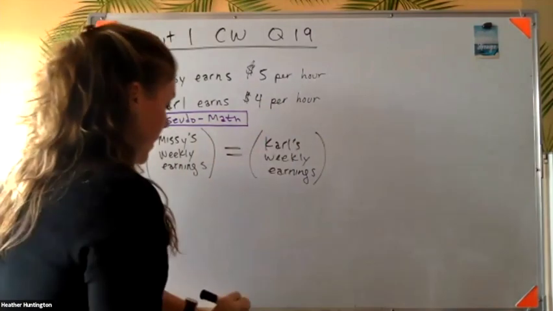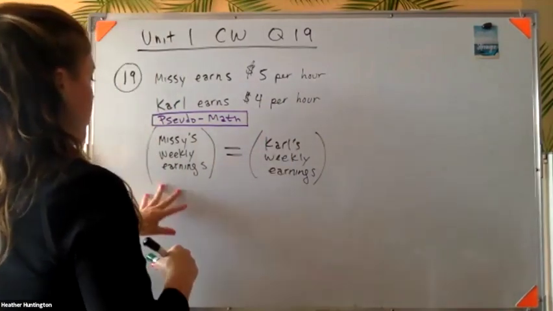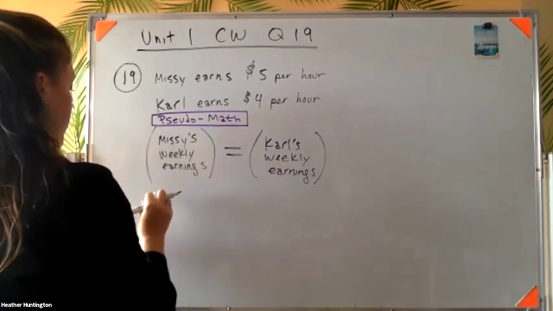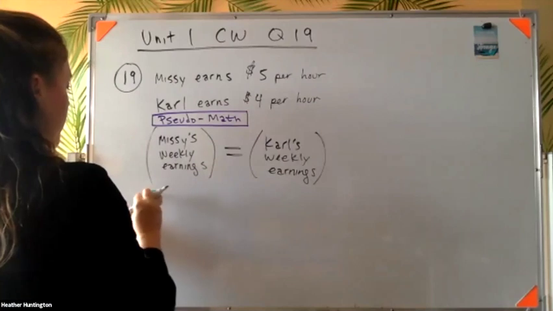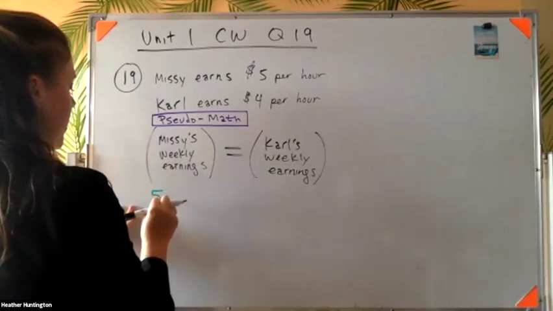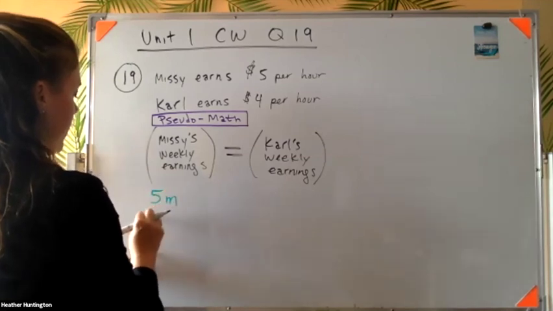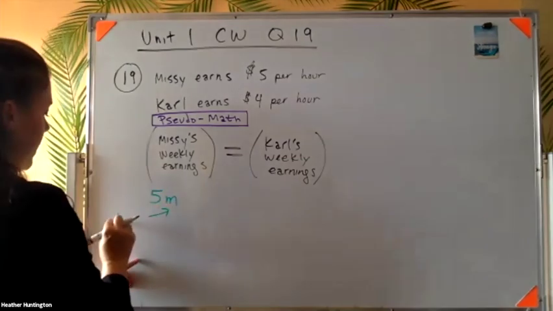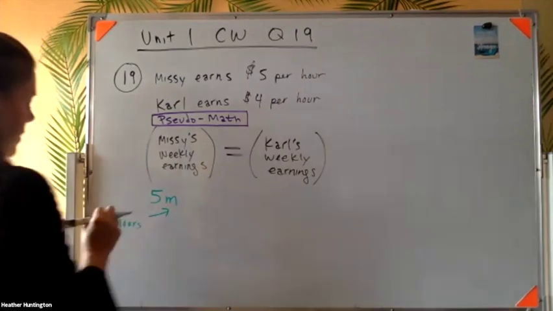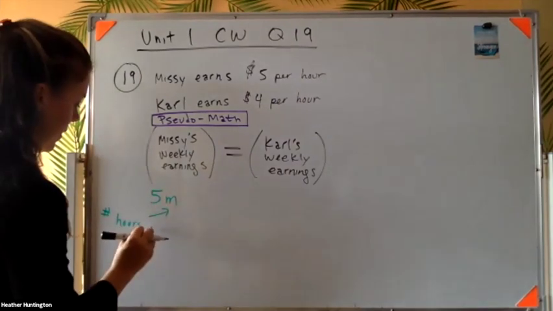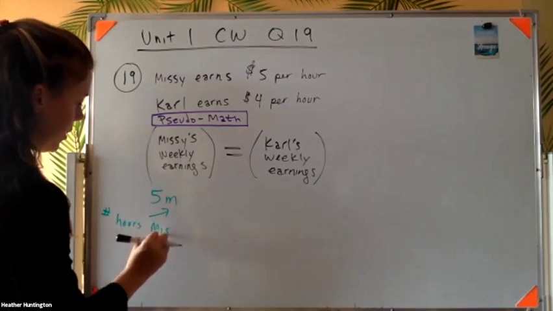So then we can say, well, how do we measure their weekly earnings? Missy's weekly earnings is going to be $5 times the hours that Missy works.